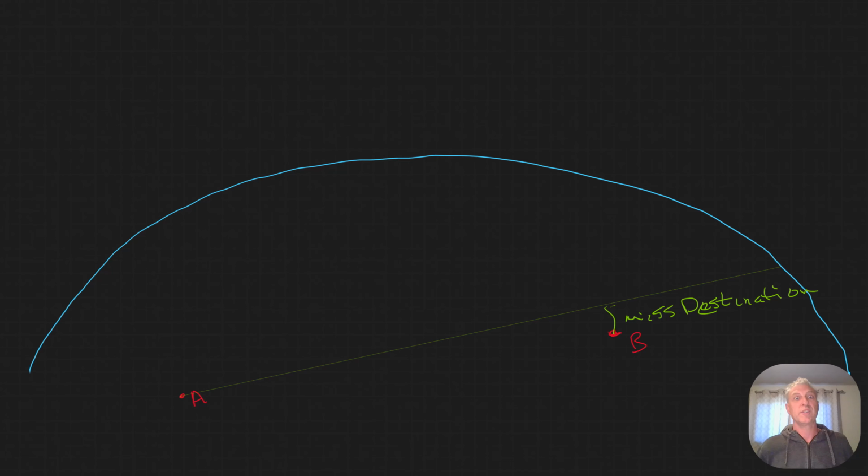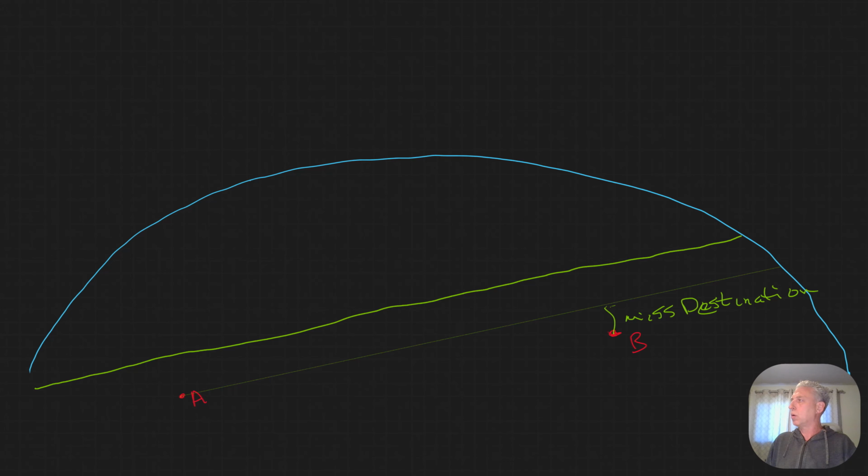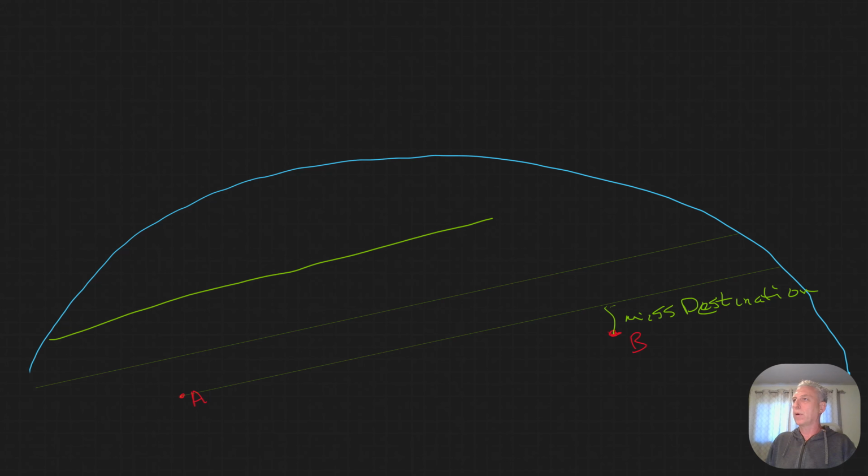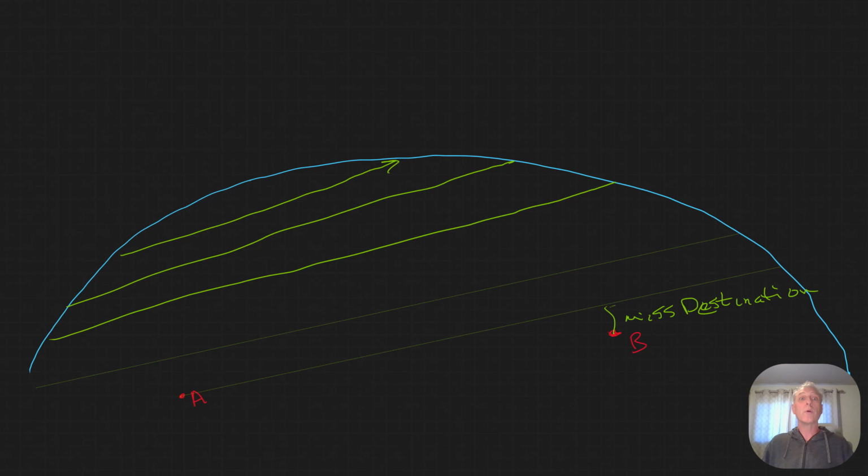But let's say we're really dumb and we decide, let's stay on this course. We don't know that we've passed it. We have to hit our destination eventually. Let's just stay on our course until we hit it. Well, we keep going around the Earth, and then when we come here, we're not going to end up back at A, are we? We're going to end up north of that, paralleling that line. We go around the Earth, and we keep going and going and going. And really what we're doing is we're spiraling around the Earth, around the pole.